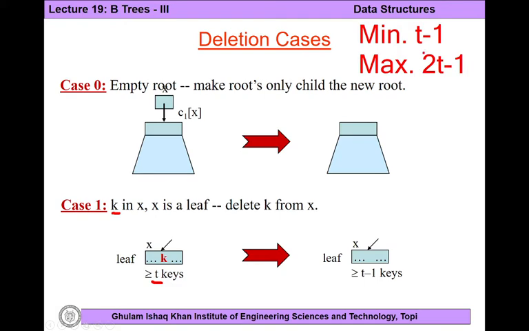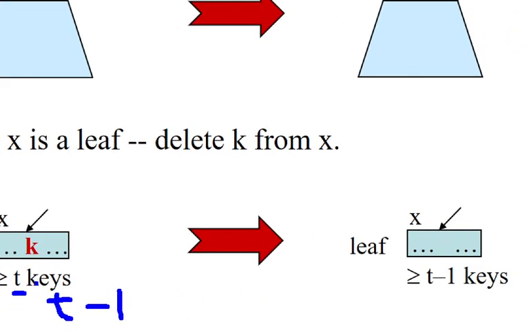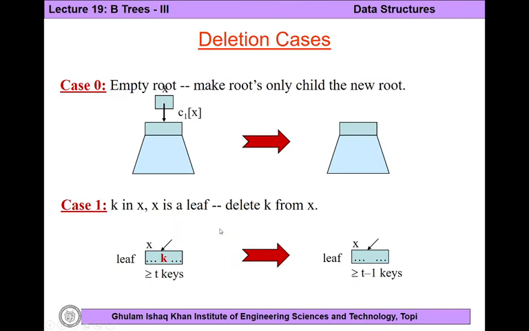So in deletion we will be focusing on the minimum number of keys, because this always gets violated in deletion, and while we were inserting nodes in the B tree, our focus was on the maximum number of keys. So here, if the node is a leaf node and it contains t keys, and we remove a key from this, then it will become t minus 1, which is equal to the minimum number of keys. So this bound is not violated. So we will simply delete the key from the node.